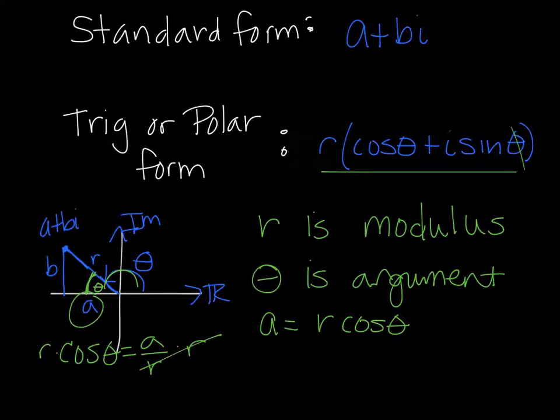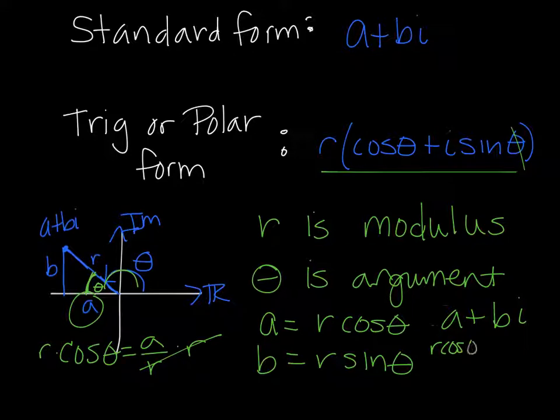So a is r cosine theta, and likewise b is r sine theta. And if we take a plus bi, just looking at another way, we can replace a with r cosine theta, and we can replace b with r sine theta. Then we have an i, and we just take out the r from both of them and distribute it, and we'll see that we get up to this. So just another reason for that.